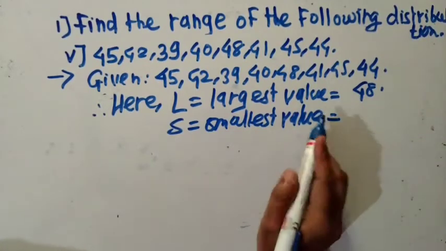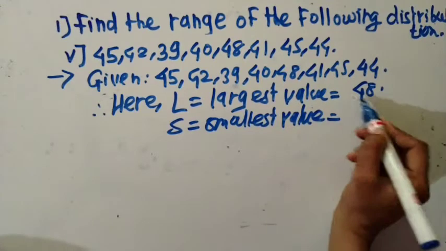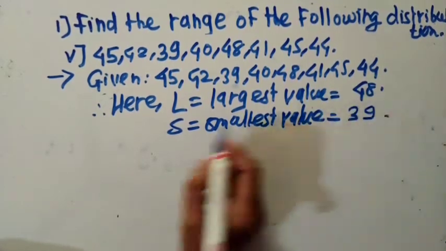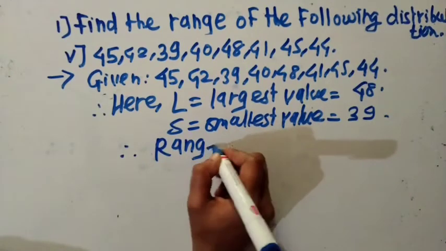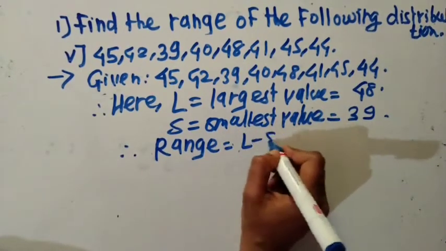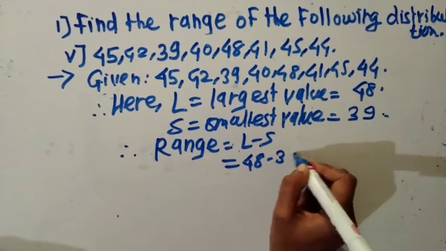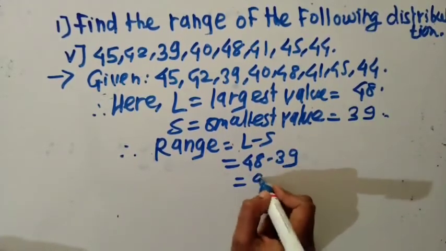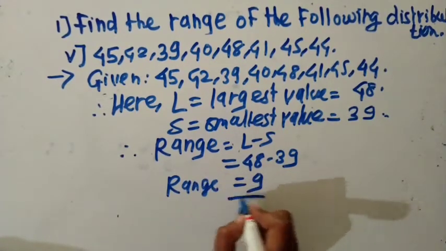Here the smallest value is 39. Hence range is equal to L minus S, which means 48 minus 39 is equal to 9. So range is equal to 9.